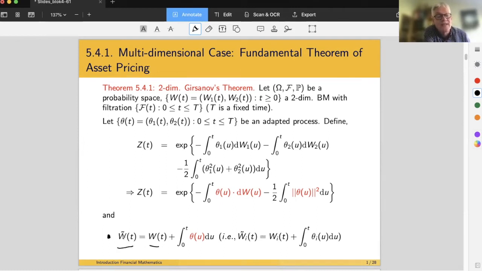So this has a W tilde 1, and that's equal to W1(t) plus the integral from 0 to t of theta 1(u) du, and it has a second component, W tilde 2(t), equal to W2(t) plus the integral from 0 to t of theta 2(u) du. So this is a vector valued notion.